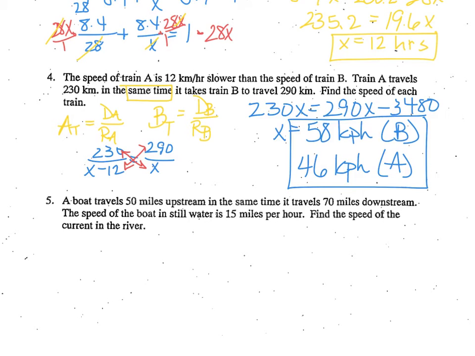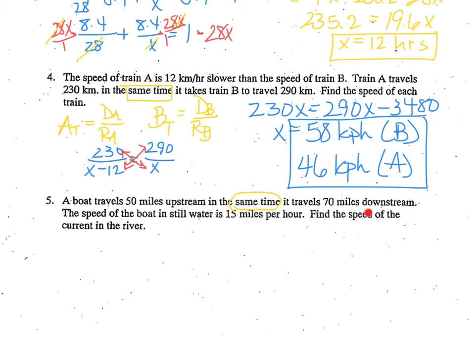Now the same thing here on number 5, it says same time again. So we have similar formulas as what you saw right here, except we're talking now about an upstream and a downstream. Notice that the boat can't go as far upstream because the rate's going to be slower, and it can go further downstream because that rate is going to be higher.